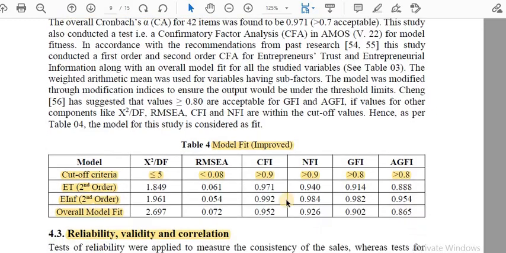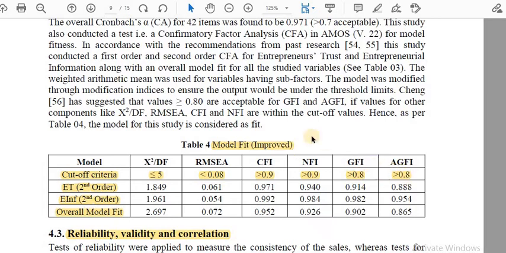In CFA, you need to show the values of chi-square divided by degree of freedom, RMSEA, CFI, NFI, GFI, AGFI. Their cutoff values are: chi-square over degrees of freedom must be equal to or below 5, RMSEA value must be below 0.08, CFI value must be above 0.9, NFI must be 0.9, GFI must be 0.8, AGFI must be 0.8.